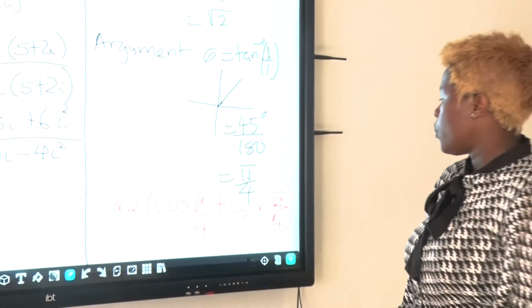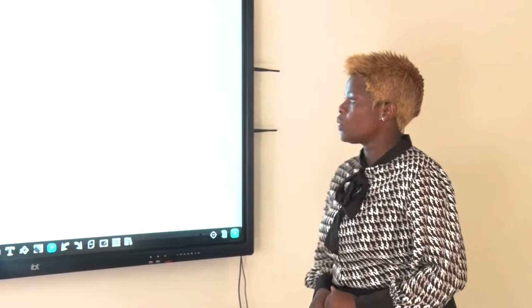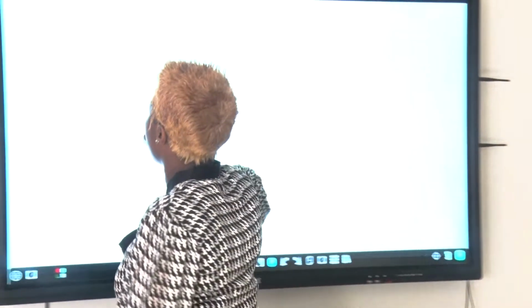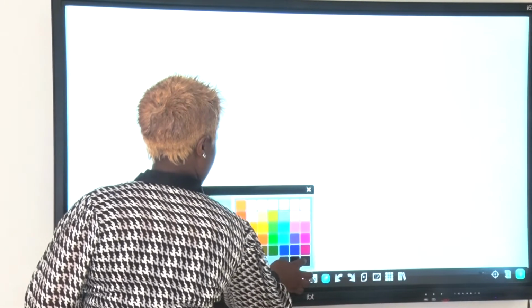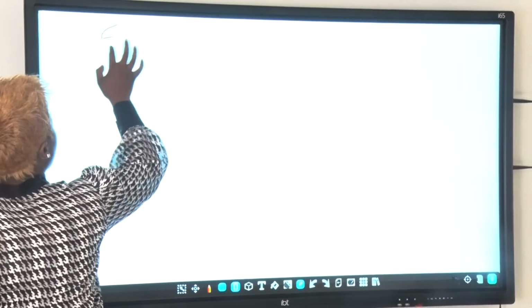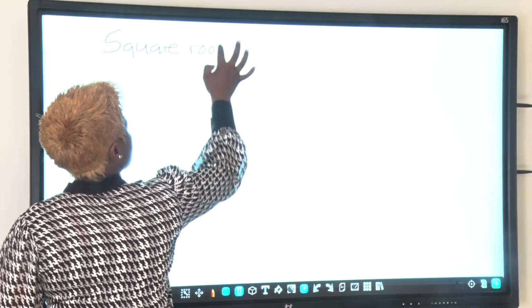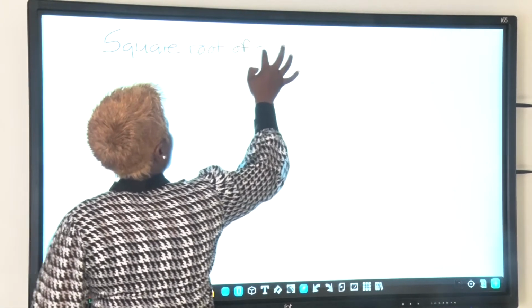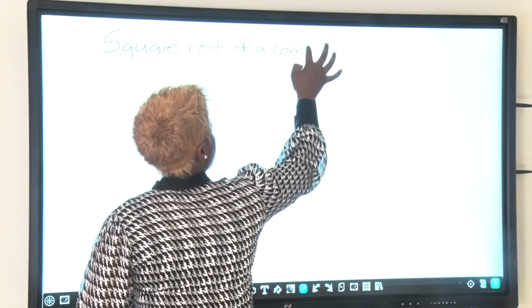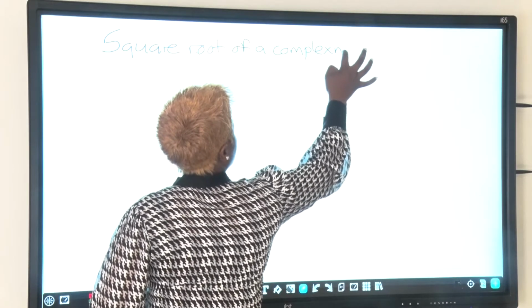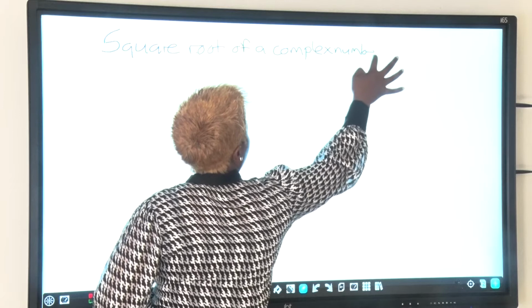Alright, we are now moving on to a subtopic, square root of a complex number. That's our subtopic.